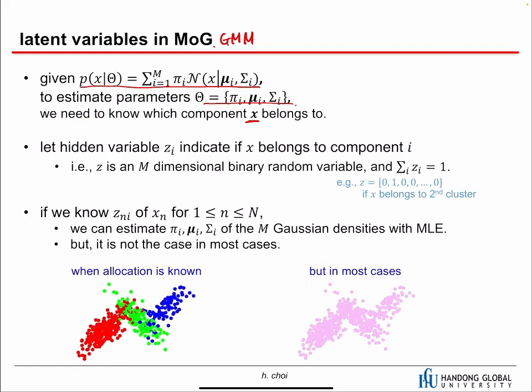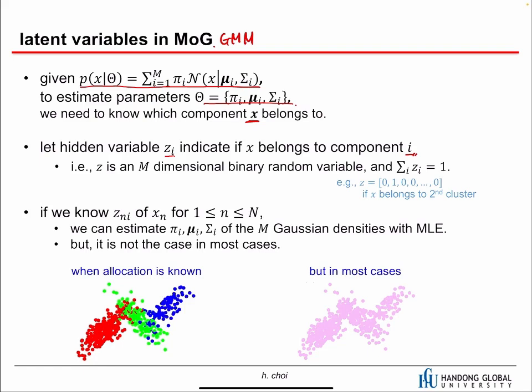So let the hidden variable z sub i indicate whether x belongs to component i. We introduce a new variable z sub i. If x belongs to component i for sure, then z sub i is 1.